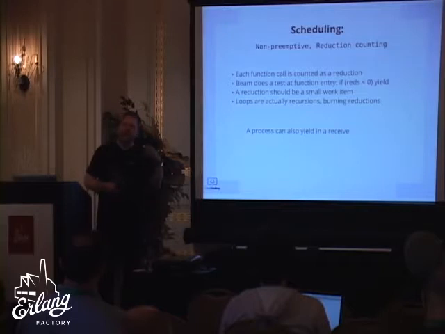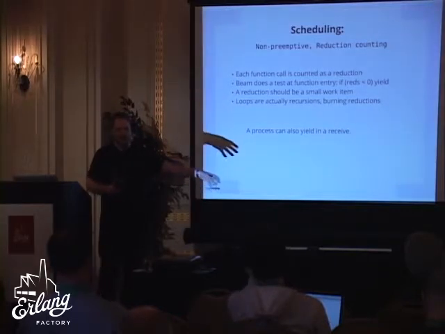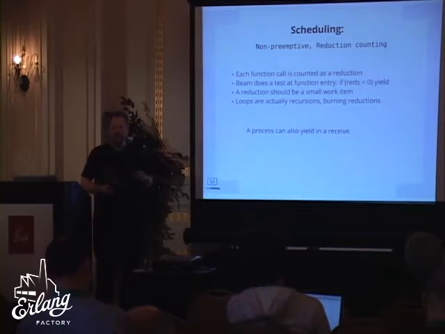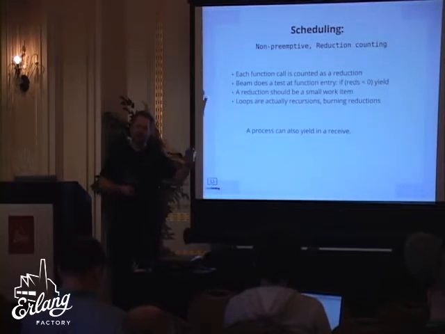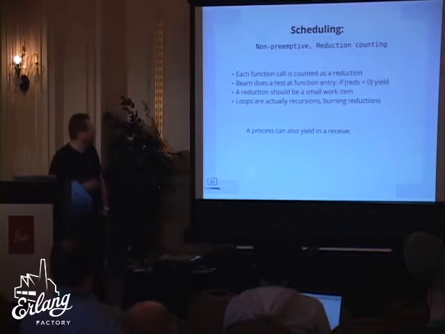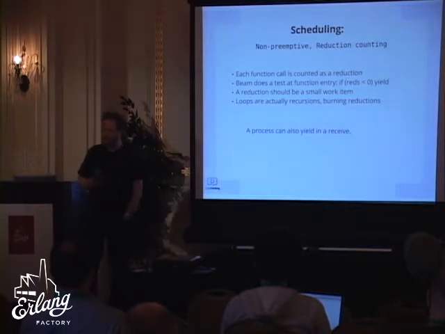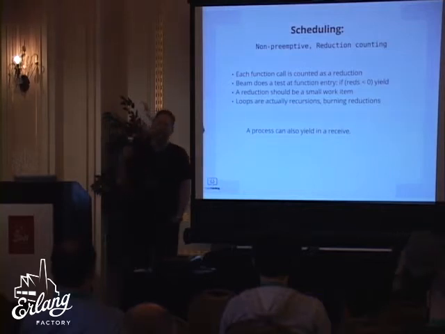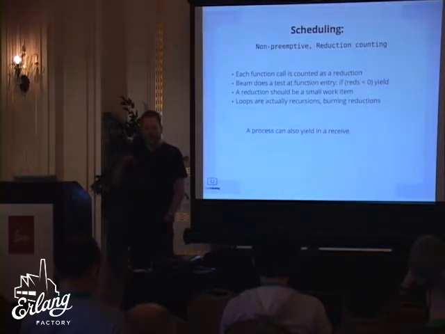If you do a receive and you have no messages in your inbox that match, or if you call certain BIFs that need to trap out and do some other work, or a special yielding BIF. But the main thing is reduction counting, and the whole system for the scheduler is built on that reductions should always be used for any small amount of work in the process.